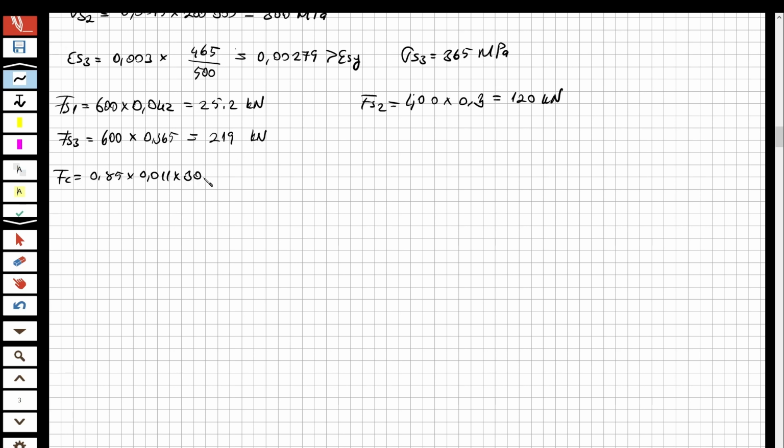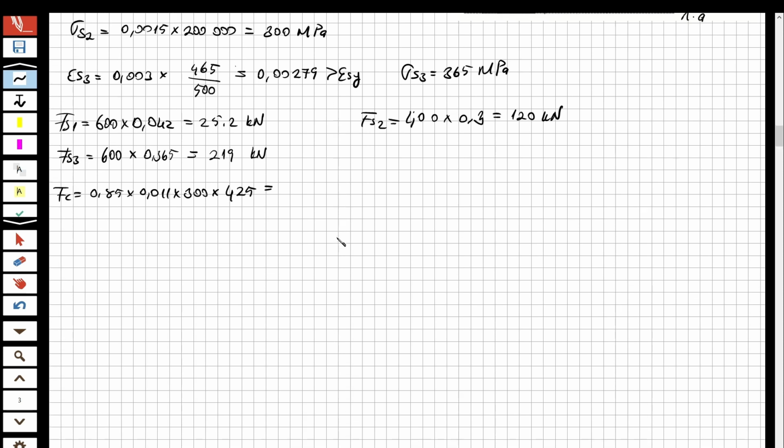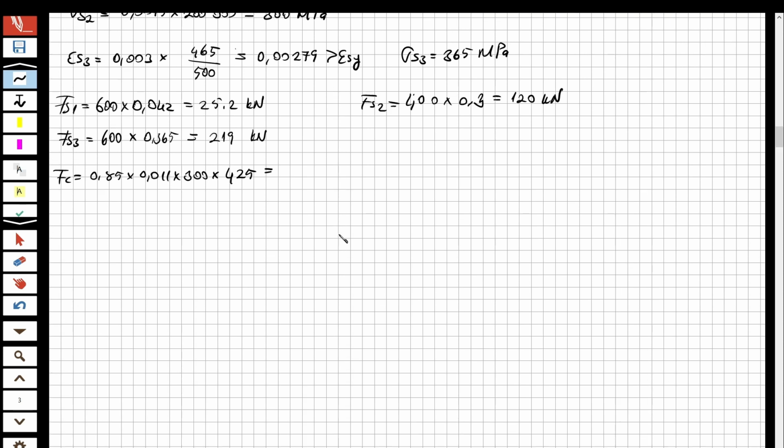What is b? 300, and multiplied by a. a was 425, if you remember. I can show you that at the top of the page. So 425, and this is going to be equal to 1192 kilonewton as the F concrete.